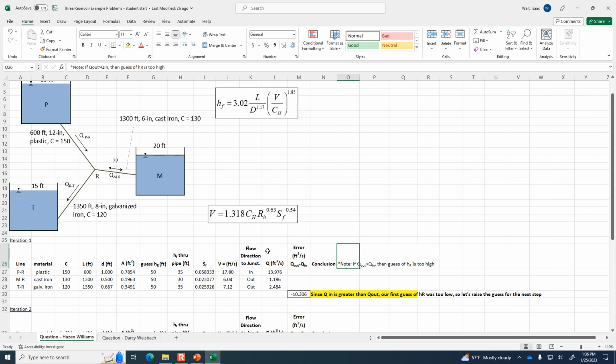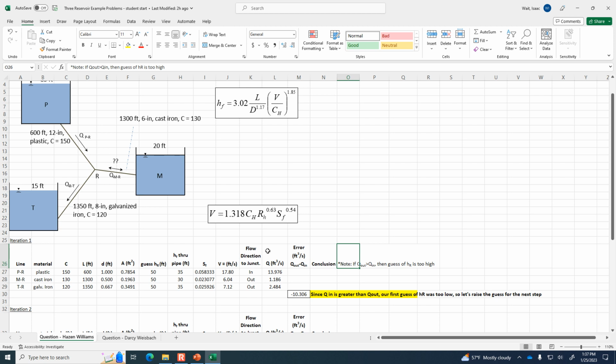So you need to raise the estimate of where this pipe terminates, and that's going to slow down the flow. So in this first iteration, there's too much coming into the junction. There's too much going through PR. We know that there's too much because however much is coming out of that pipe has to also be coming out through MR and TR. So in and out have to be equal.